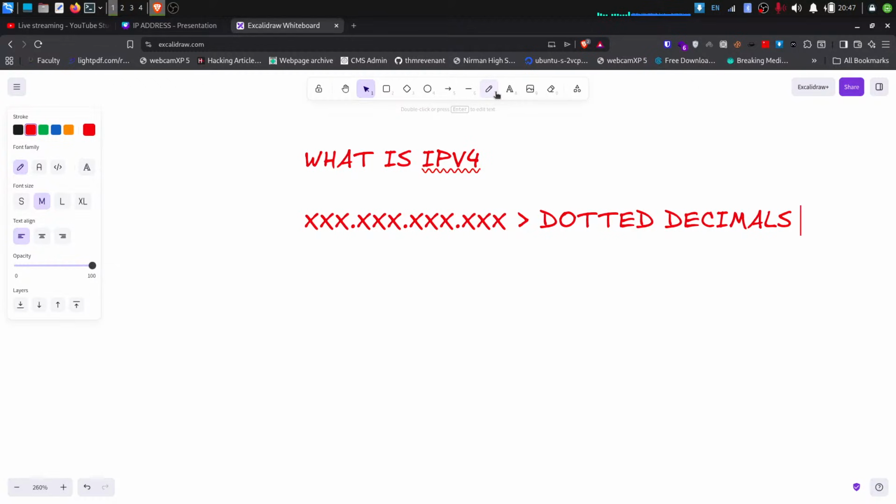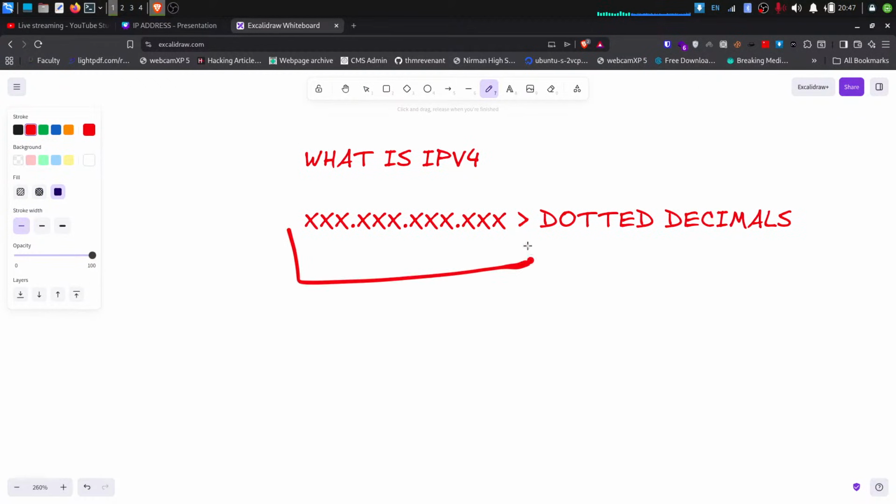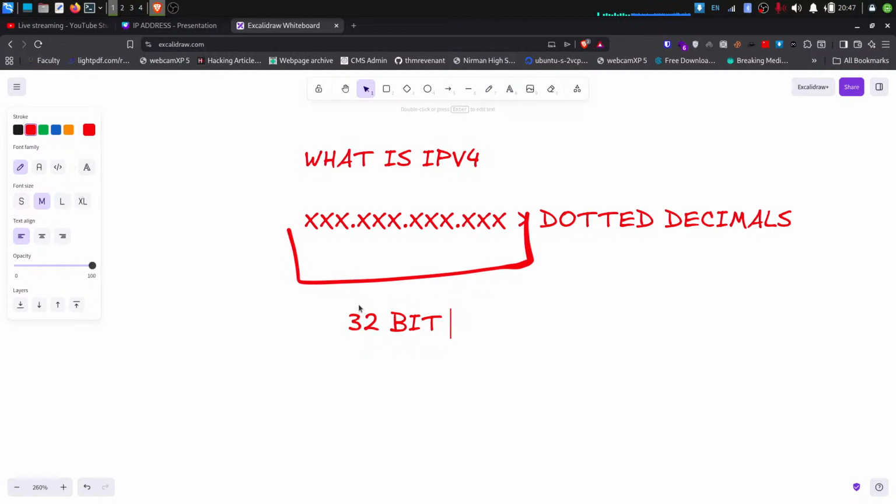Now I'll tell you one thing. This whole thing is a 32-bit binary, right? And we know that we have four octets here. As we know what octets are, we have four octets here, right? And we know that one octet is equal to 8 bits.